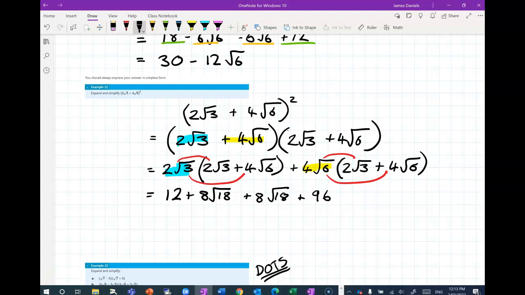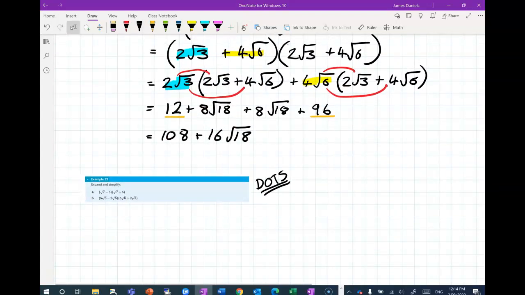All right, so I'm going to look to simplify some numbers here first. 12 and 96. So 12 plus 96 will give us 108. Now, I have 8 root 18 plus another 8 root 18, would give me 16 root 18.